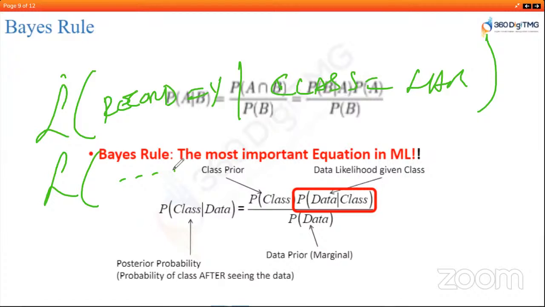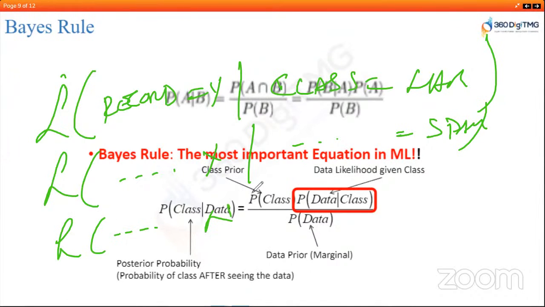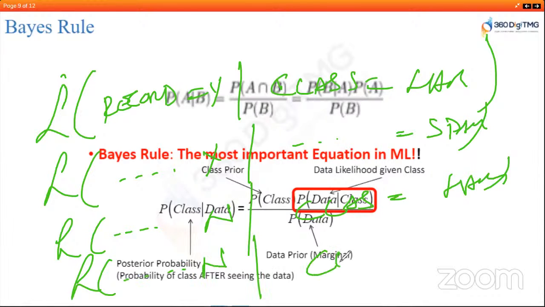Similarly, record equal to yes given class equal to spam. Then likelihood of record equal to no given class equal to ham, and then record equal to no given class equal to spam. These are the four things.